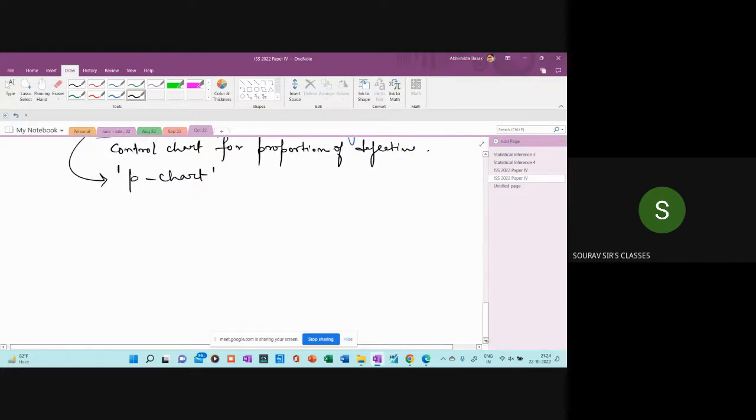So how are we going to obtain this chart? First, I am going to make a similar table. Before that, I need to define something. Let p denote the proportion of defectives in a manufacturing process.